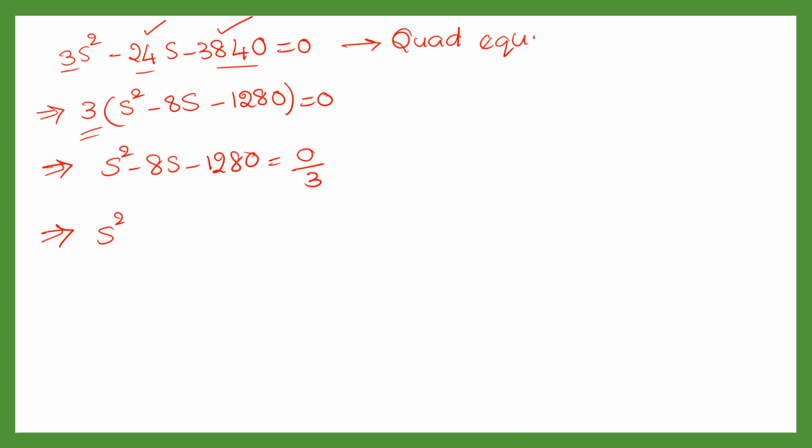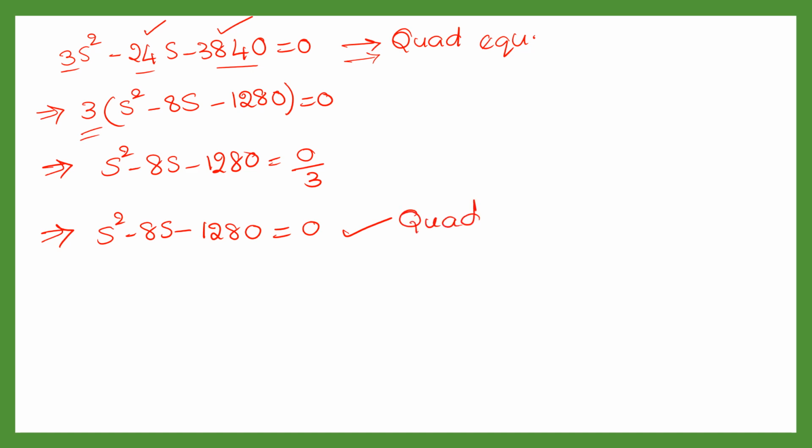So s square minus 8s minus 1280 is equal to 0 by 3, which is nothing but 0. We have further reduced the first quadratic equation. We got this. This is also a quadratic equation.